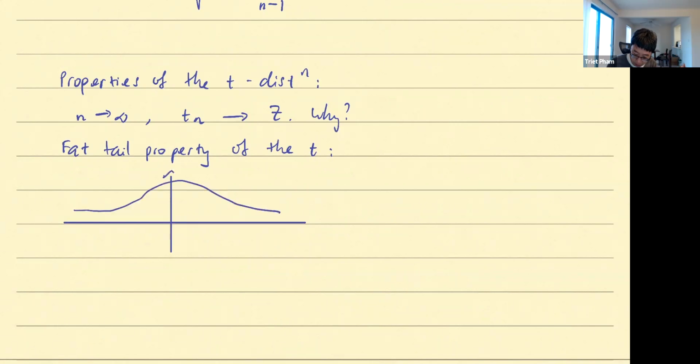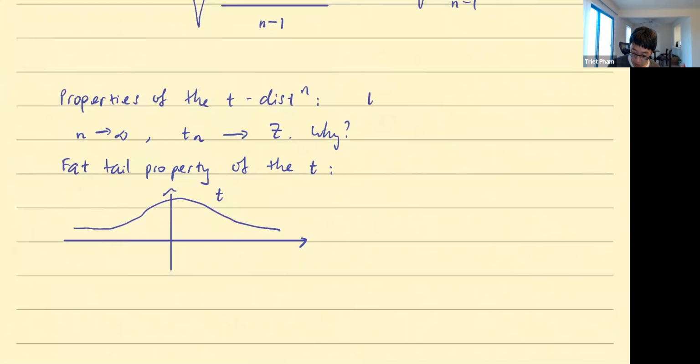So a t distribution still looks like this. But of course you would ask, what's the difference between this and a normal? Because you insist that it is not a normal. So maybe the first thing we should put is that the t distribution is not normal.